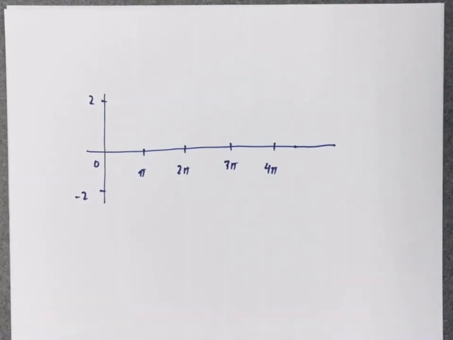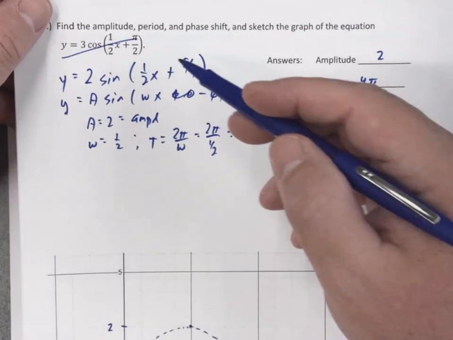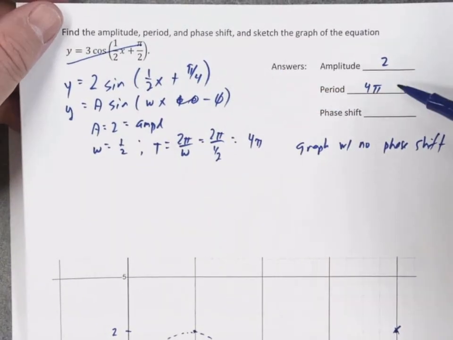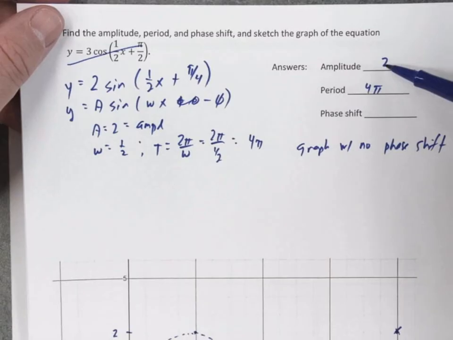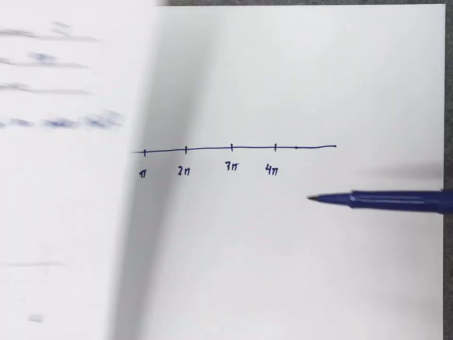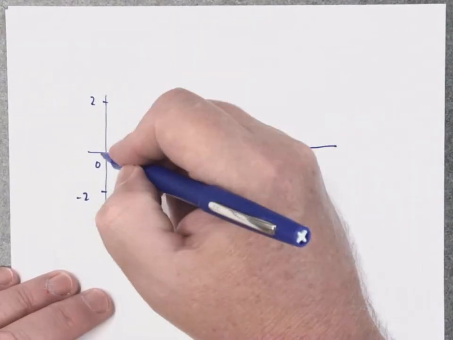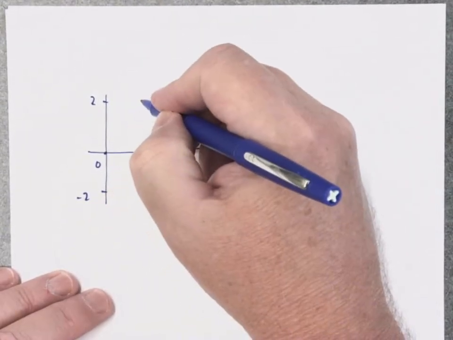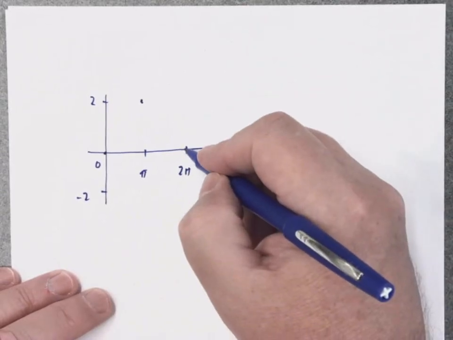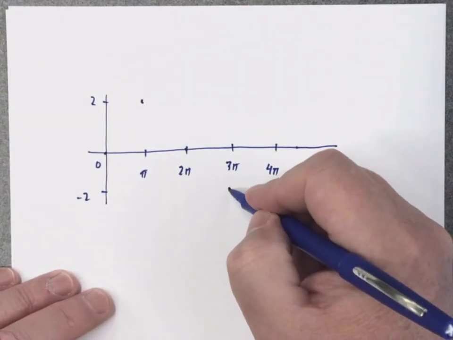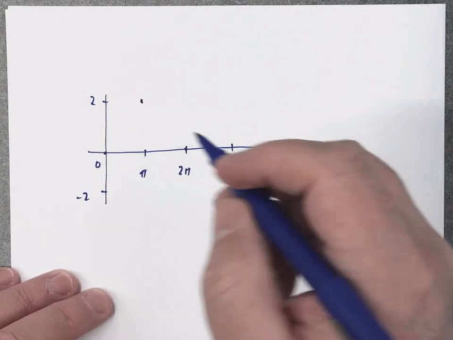So if you don't want to have to print this out, you can just write down the formula or the equation, give the information, and just do the graph like this. That's fine. So once again, the sine starts low, goes high, back to the middle, goes low, back to the middle.